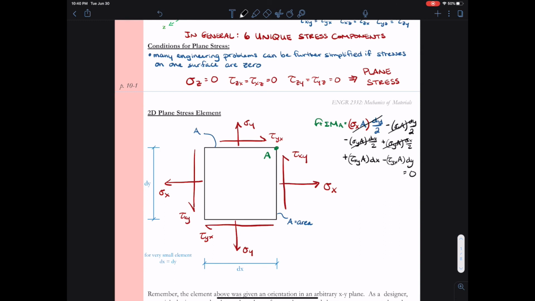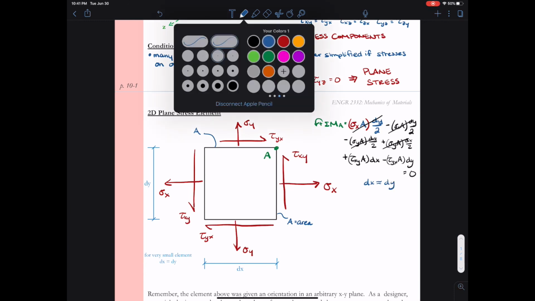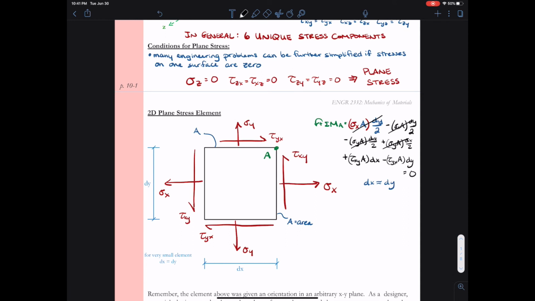So hopefully you can see that these first two terms cancel, the third and the fourth terms cancel with one another, and that leaves us with just tau xy A dx minus tau yx A dy has to equal 0.